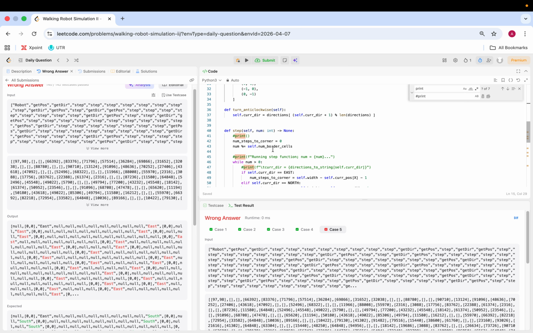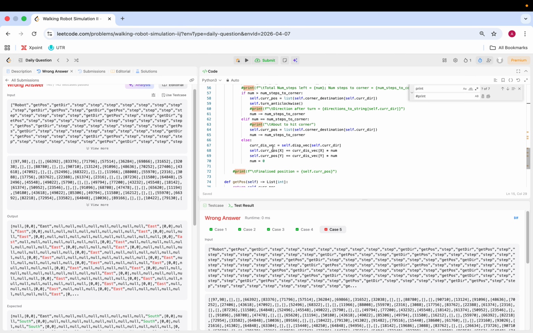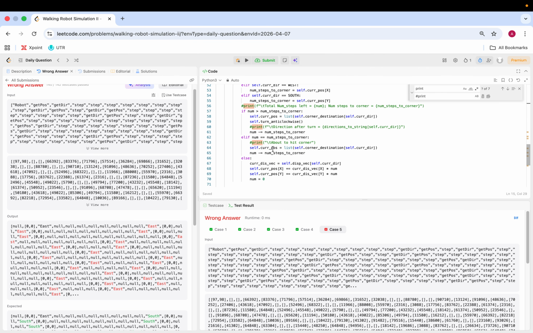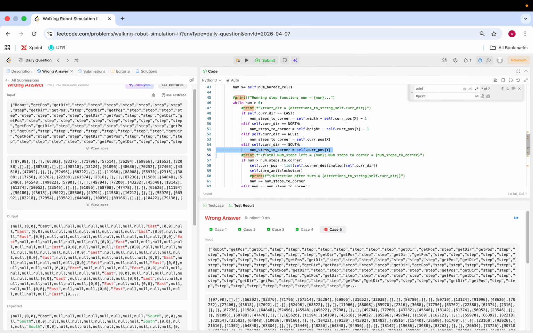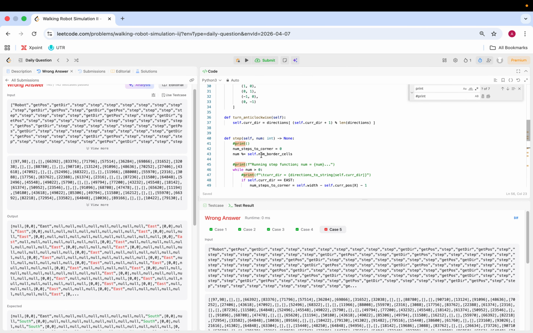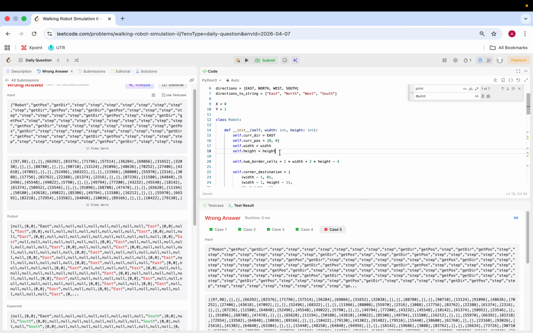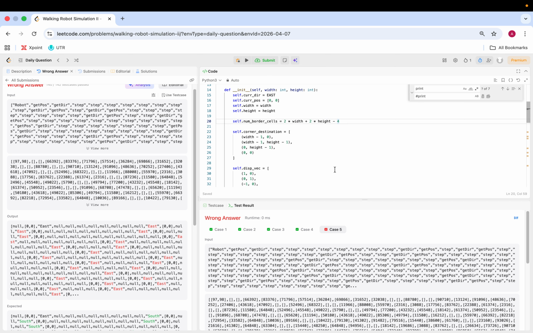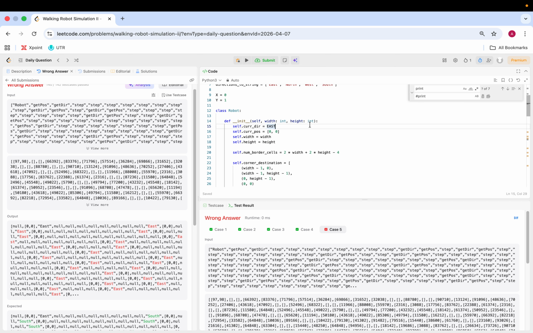Do I really have to code for it separately? Like, if it's the very first moment, if it's the very first step, I can do this really grossly, but... moved before equals false.